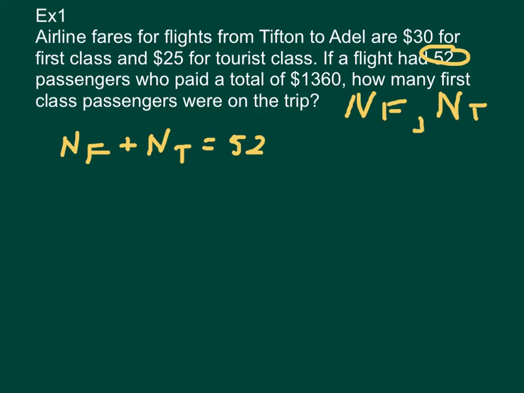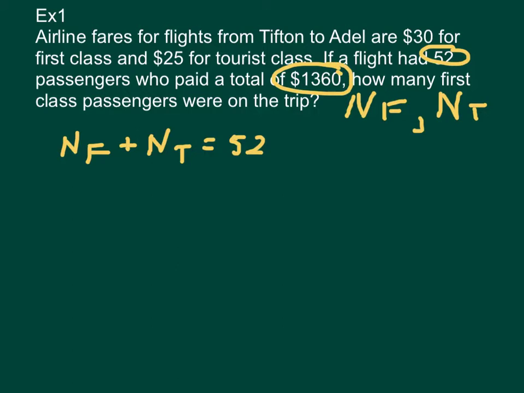Now the other one is kind of like coin problems, where we use what each one is worth, for example. Now the equation that I'm going to use then is, let's see, how much does a first class passenger have to pay? And the answer to that is $30.